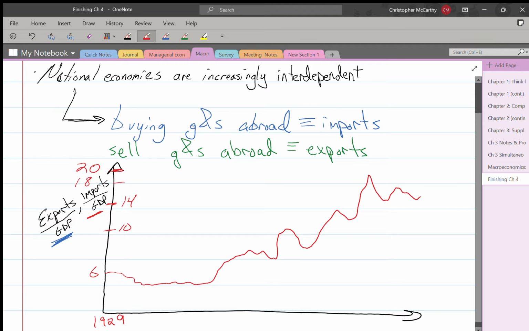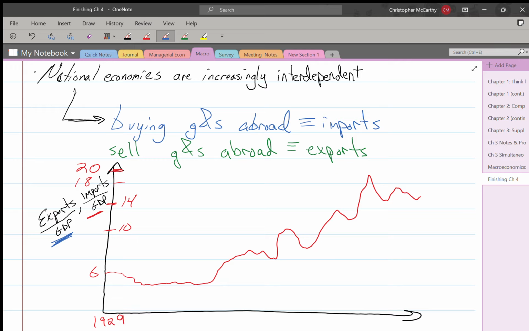So these are our imports, right? These are the things that we are buying from abroad. So all of our clothing, all of our shoes, all the plastic stuff, some of our food, right? Avocados that come from Mexico, those are imports.